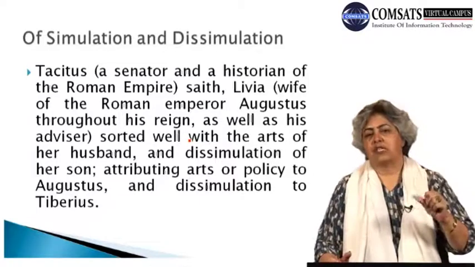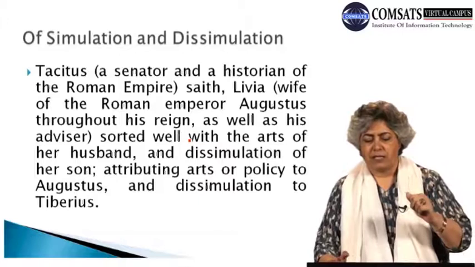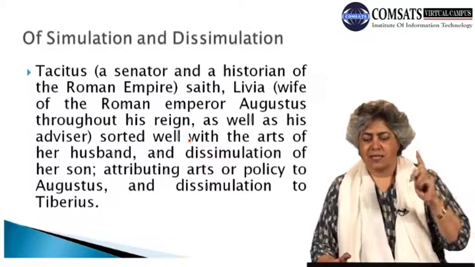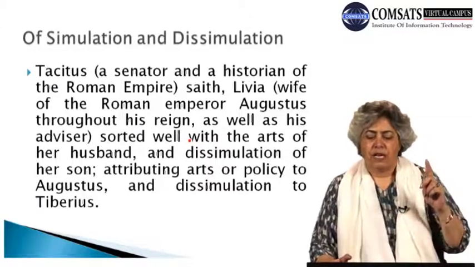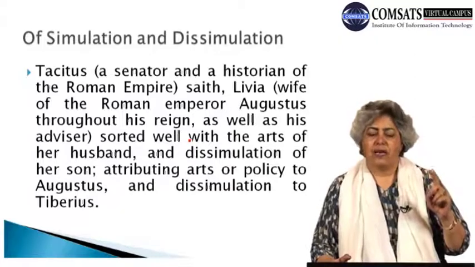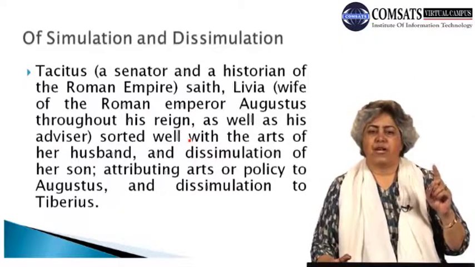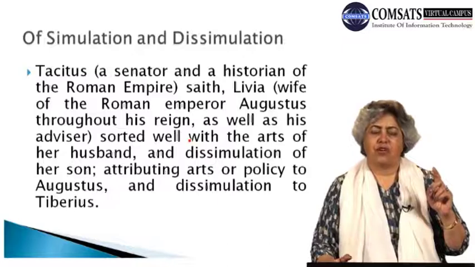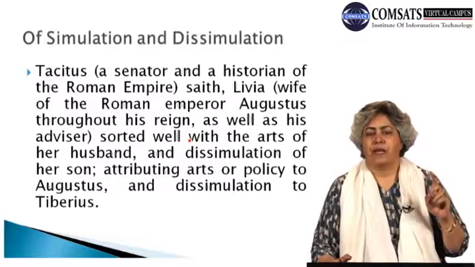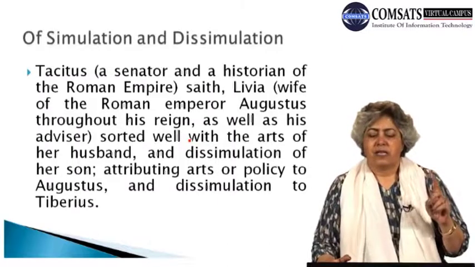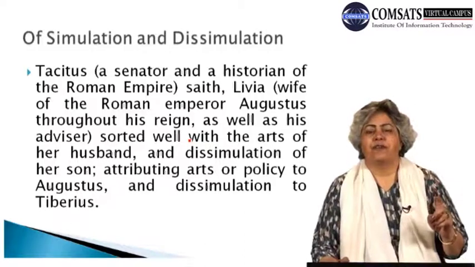The first one that he starts off with is when he says, Tacitus saith, Livia sorted well with the arts of her husband and dissimulation of her son. Now, Livia is the wife of the Emperor Augustus Caesar.